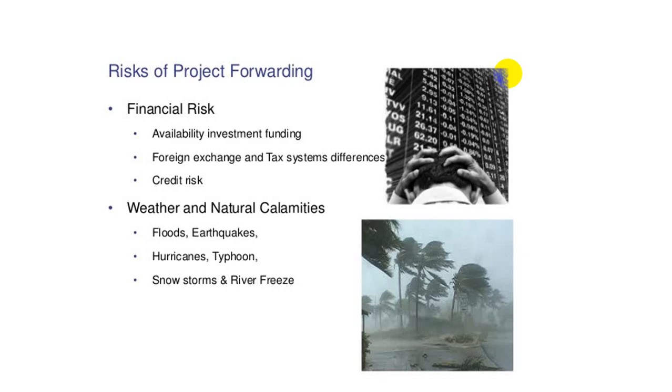Foreign exchange also, if we face problems with foreign exchange, that could be a potential risk. Weather and natural climates can also be a high danger for project forwarding, such as floods, earthquakes, hurricanes, typhoons, and so on.